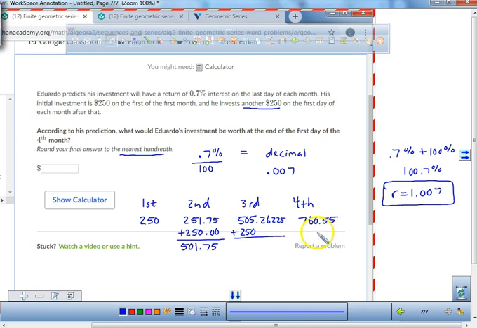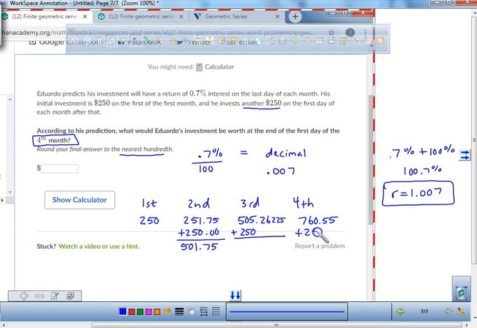We add another 250. But it says, what would it be worth at the end of the first day of the fourth month? Well, I guess we'd have to add another one. We invest another 250 on the first day of each month. There's the first, there's the second, there's the third.